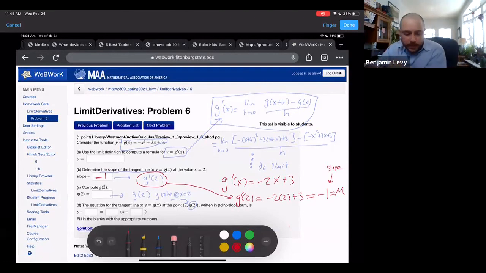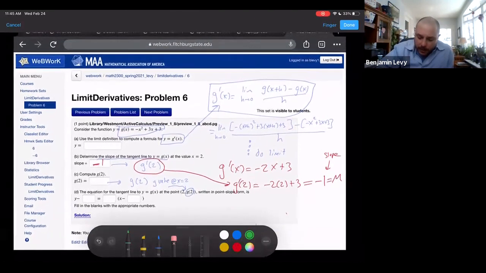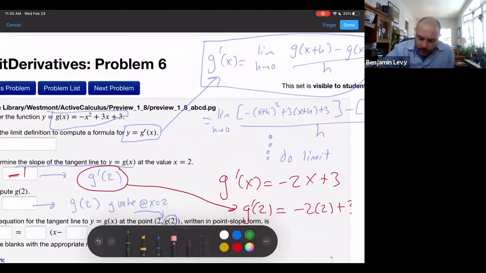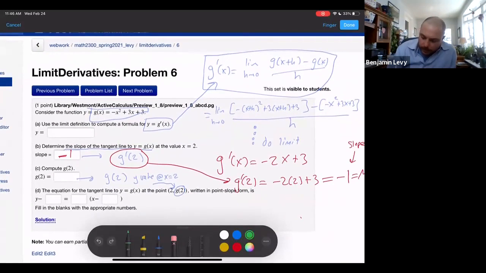And so I'm just following the procedure I just had, right? We have the derivative, we plugged in the point to get the slope. And now part C is trying to get you to get a y value, so that we can then use the y value to calculate the derivative. Right, so part C, I'll do in green.